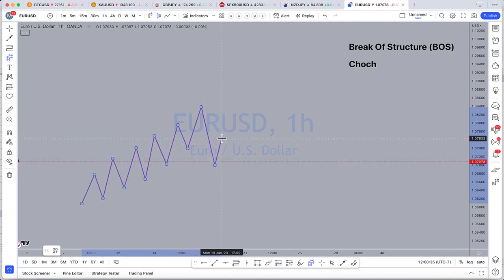So if it pulls back and doesn't take out that high, creates a lower high, and then proceeds to break structure again, right? Now you've got a really good confirmation that this is either going to be a retrace or it's a change of trend. And now you can start looking for sells, with whatever strategy that you're using.